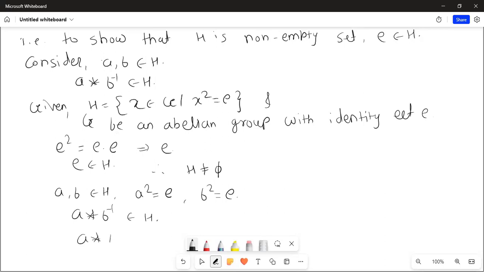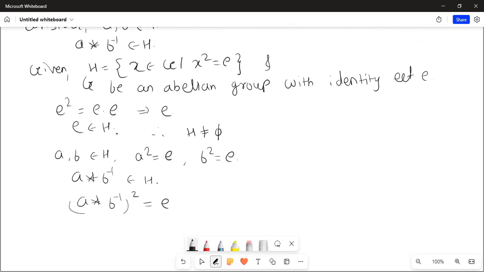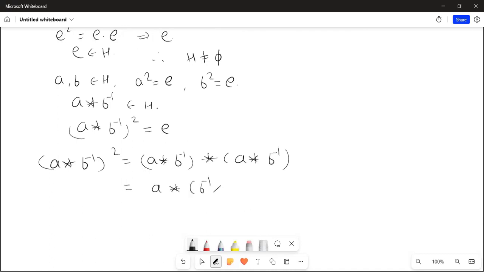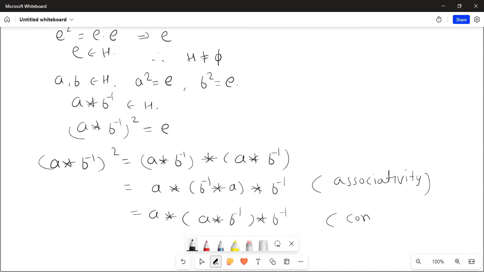That means A star B inverse whole square is equal to E. यानी कि A star B inverse square इसको स्प्लिट किया तो ये आएगा, और ये A स्टार, ये एक ब्रैकेट में लिखते हैं स्टार B इनवर्स बिकॉज एसोसिएटिविटी. और इसको हम चेंज किया तो भी चलेगा बिकॉज ऑफ कम्यूटेटिविटी.